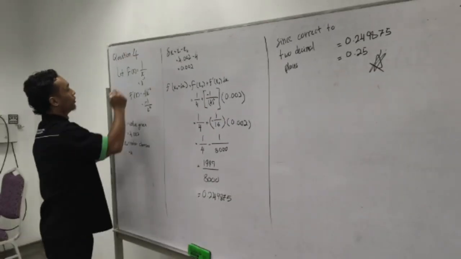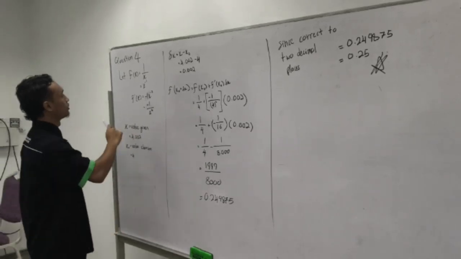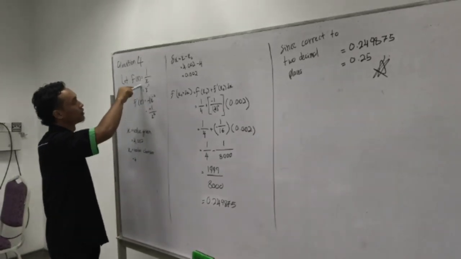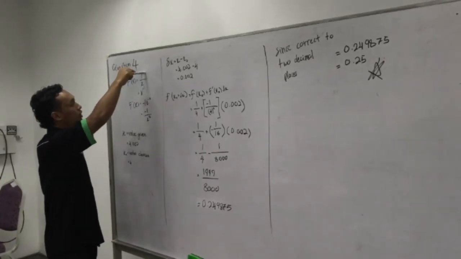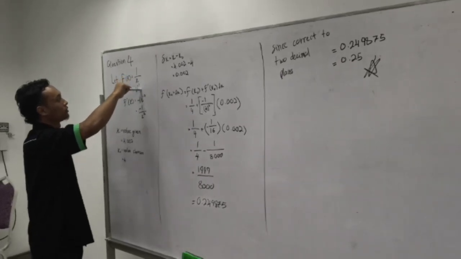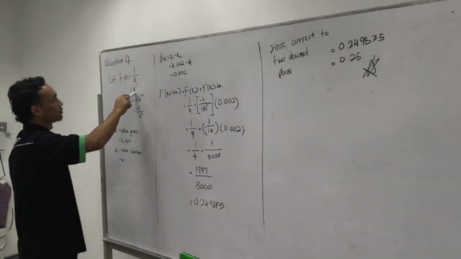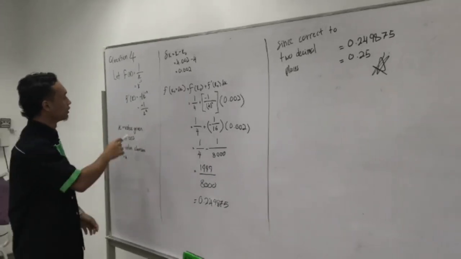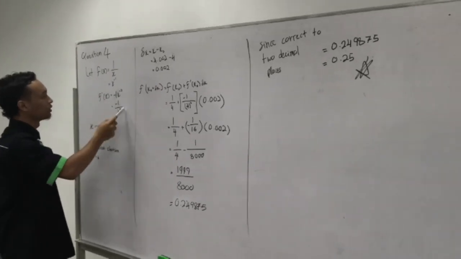Alright. For question 4, first thing first, let f(x) equal to 1 over x, and then we raise the x, so x to the power of minus 1, and then differentiate it.